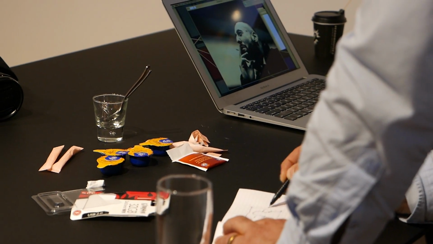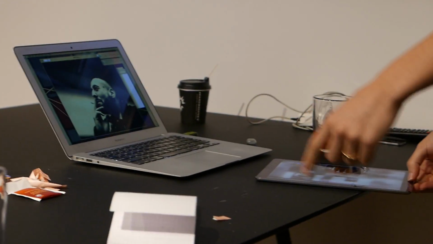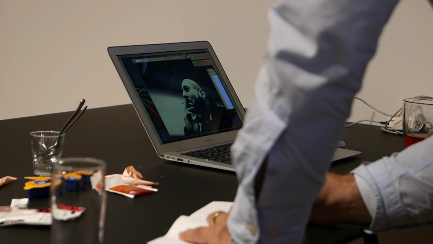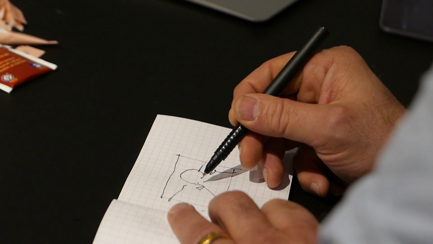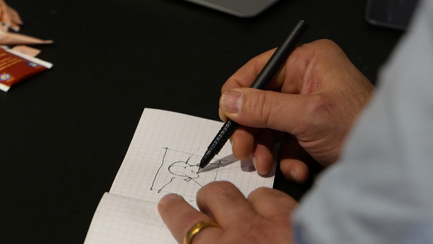Alright. Draw more detail. You're going to have to draw it again. Draw more detail. This is going to be a challenge. Oh man, this is so cool.